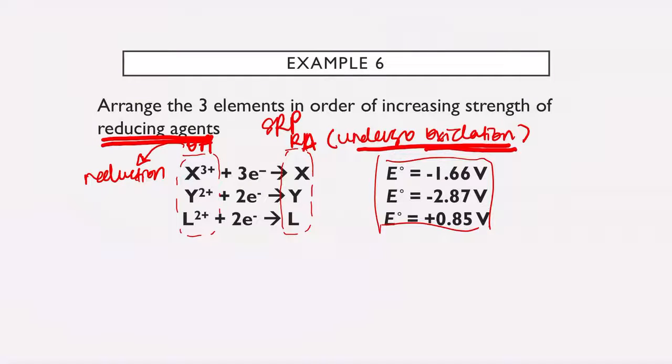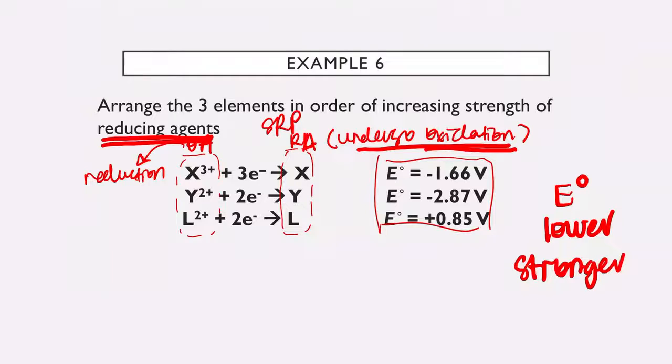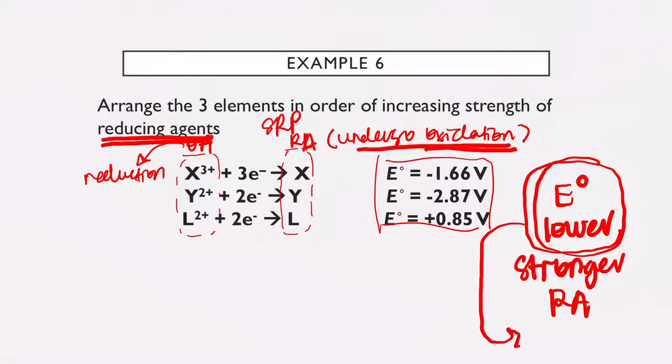So that means that your lower E naught will be the stronger reducing agent. Why? Because lower E naught means that it is better at being oxidized. Okay.